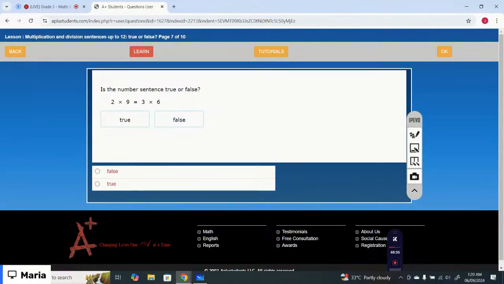Is the number sentence true or false? 2 times 9 equals 3 times 6. So which is the correct option?